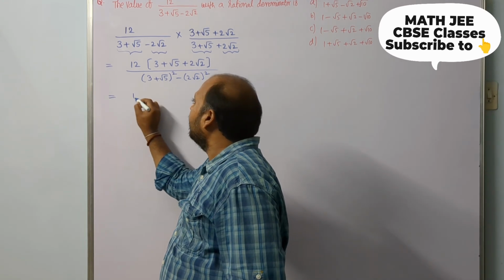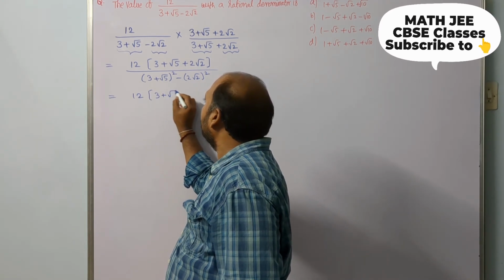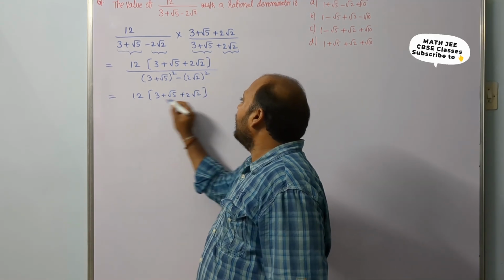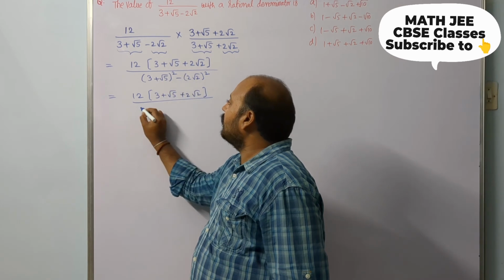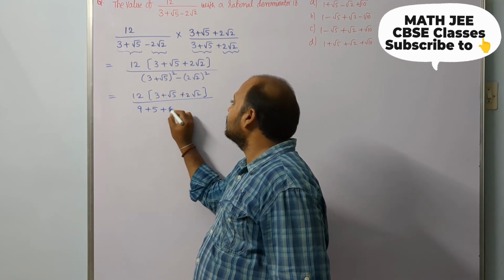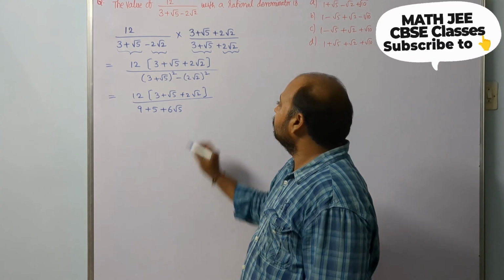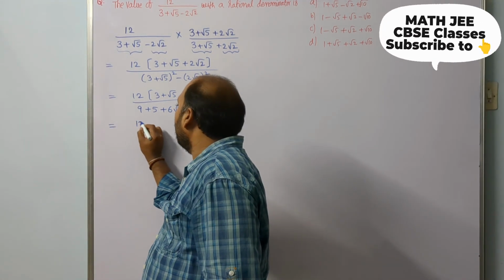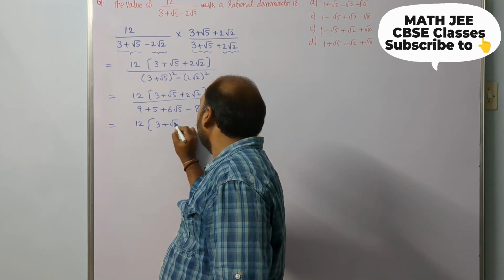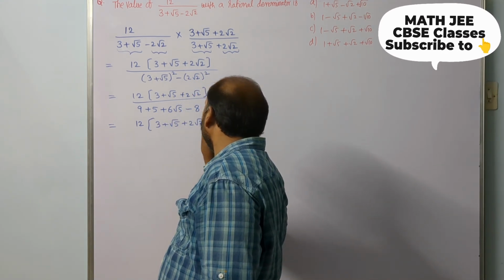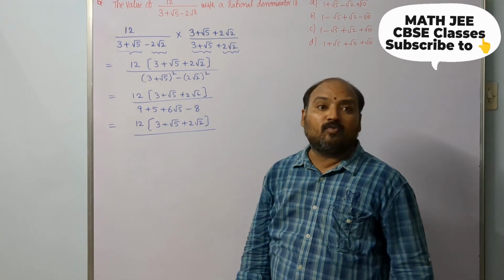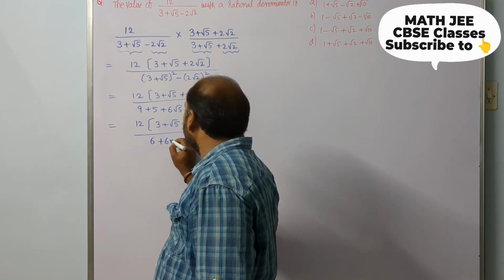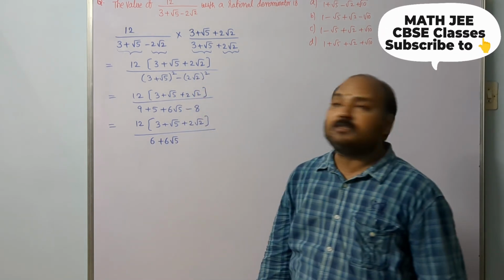By the (a plus b) whole square formula, 9 plus 5 plus 6 root 5, minus 8. So 12 into (3 plus root 5 plus 2 root 2) divided by 9 plus 5 is 14, 14 minus 8 is 6, so 6 plus 6 root 5.